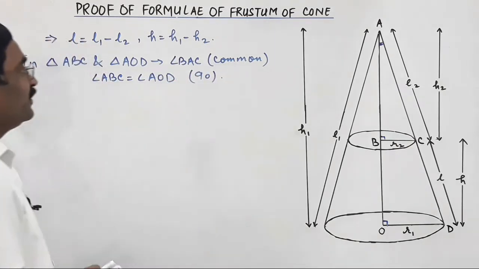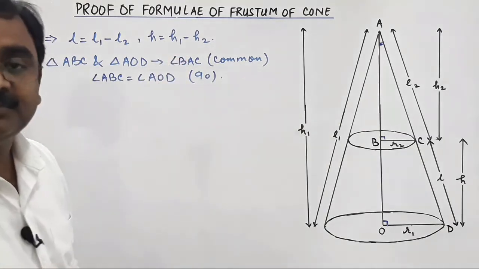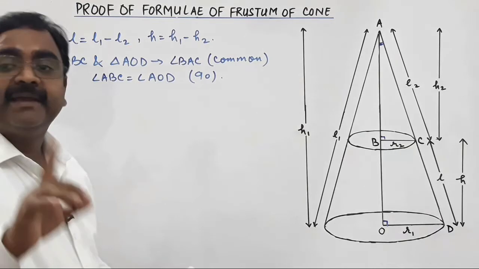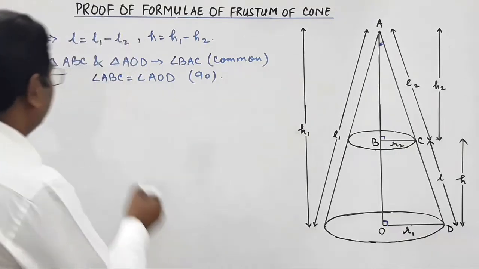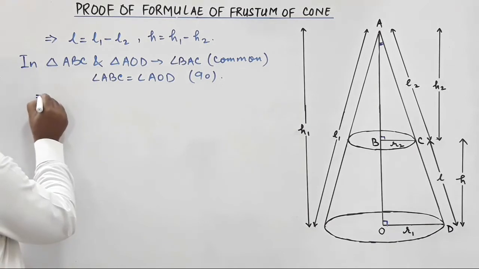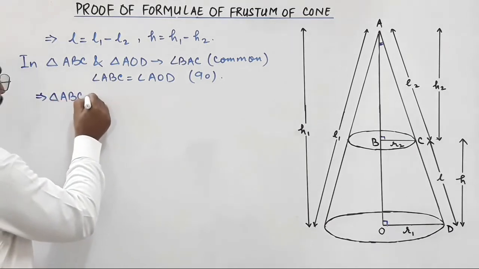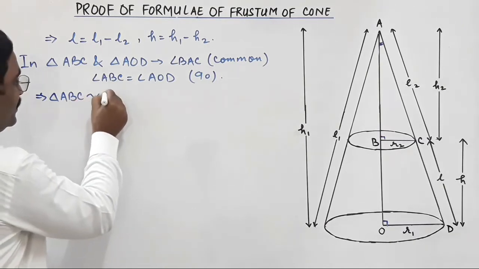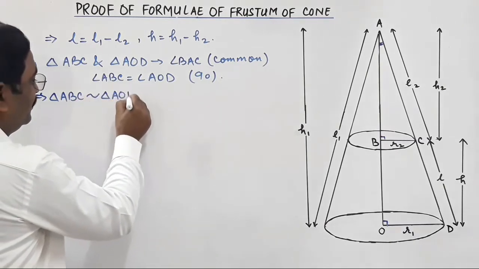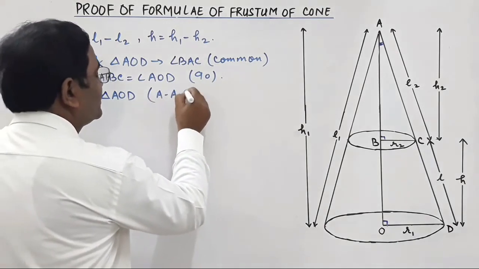So if any two angles are equal, both the triangles are similar by angle similarity. Therefore, triangle ABC is similar to triangle AOD by angle similarity.